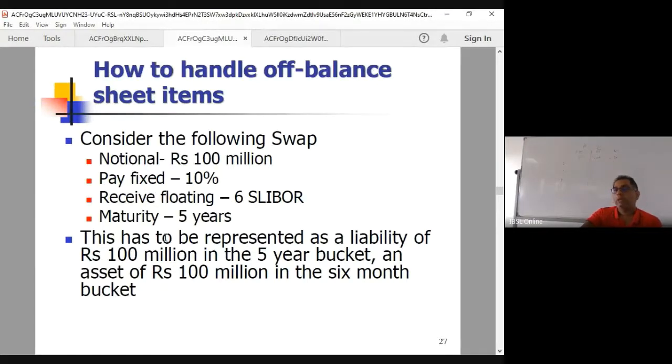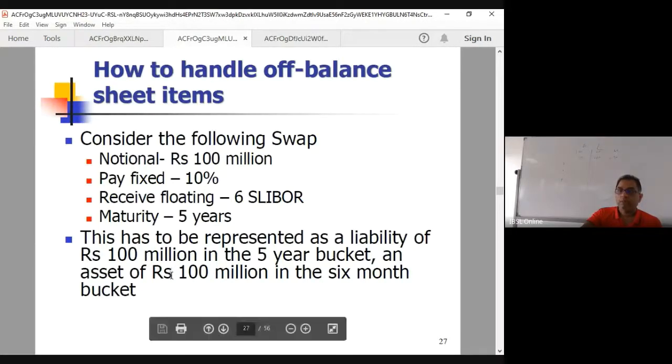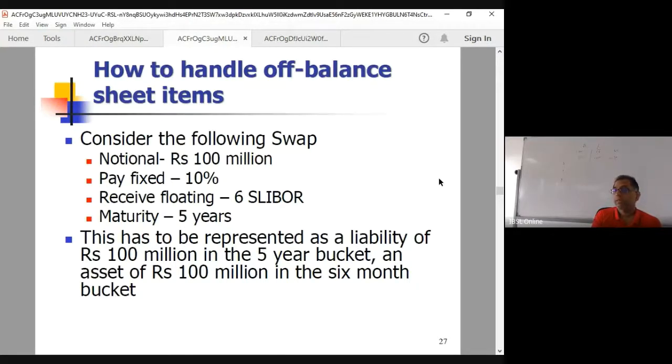Then we will look at a swap. What is an interest rate swap? A swap is where somebody would swap their floating interest rates to fixed, or fixed to floating, depending on the situation. Now, what you've got to understand is, depending on whether you are paying fixed or receiving fixed, your swap will sit on a certain path.